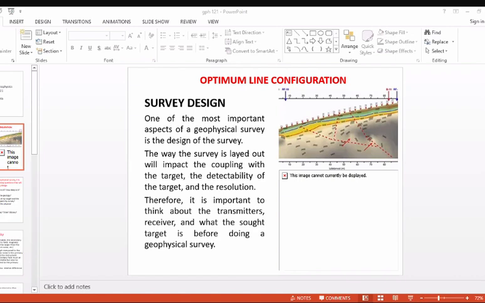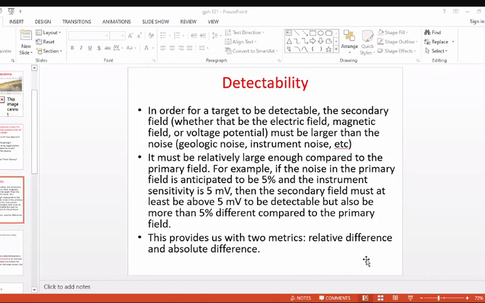So the sought target is defined before doing a geophysical survey. There are some questions that are pertinent for us to ask when we are embarking on a geophysical survey. What are these questions?